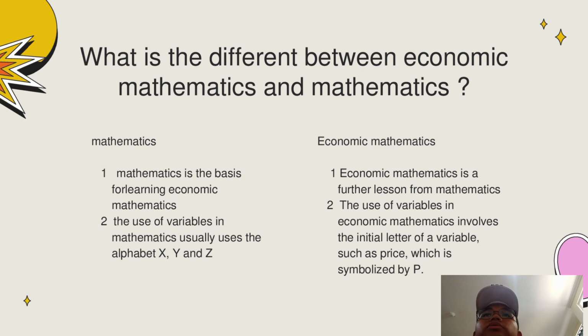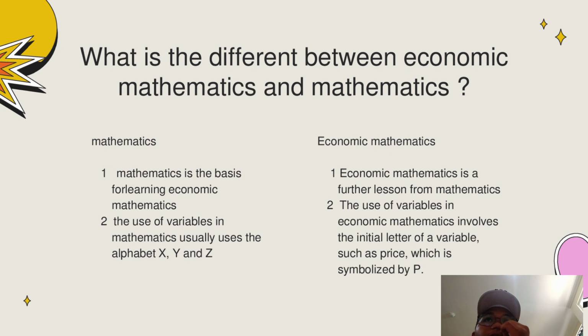Number two, the use of variables in economic mathematics uses the initial letter of a variable, such as price, which is symbolized by P. In conclusion, mathematics is the foundational subject of mathematical economics, and economic mathematics is the advanced learning.